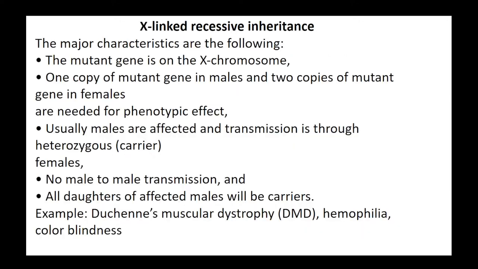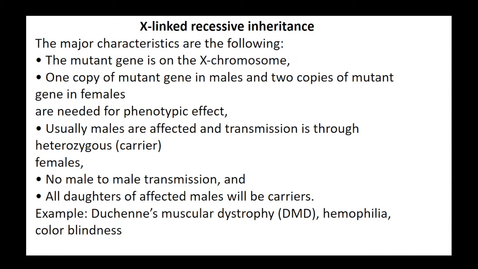The next type of inheritance is X-linked recessive inheritance. So when the gene is present on the X chromosome, the gene is recessive. Mostly the males are affected, but the transmission is through heterozygous females.